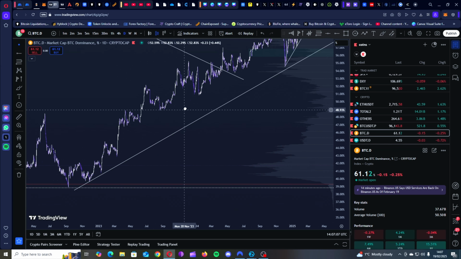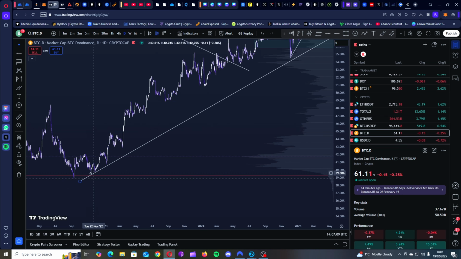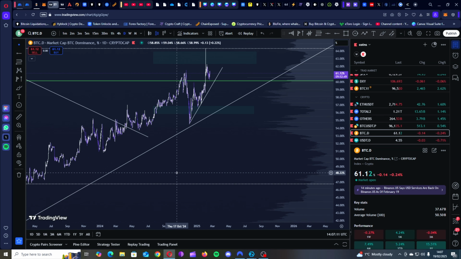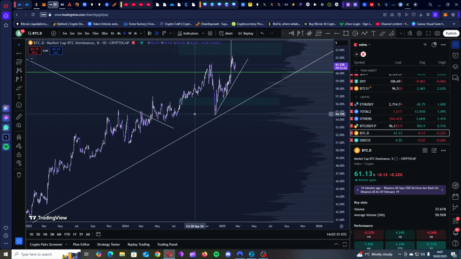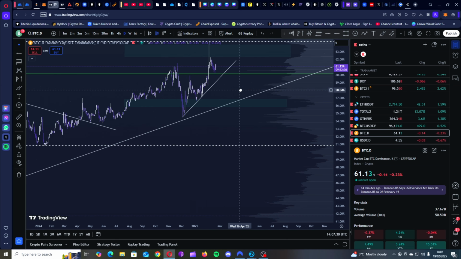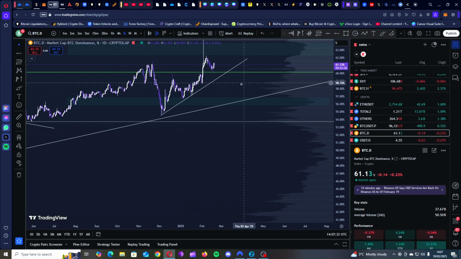But if you, in effect, go from the bottom of this to where we are at the minute, there's no real significant areas of interest. And yet it did look like it was breaking structure. But BTC dominance is completely different to the other sort of coins that you're going to trade. You've got to look at it slightly different.